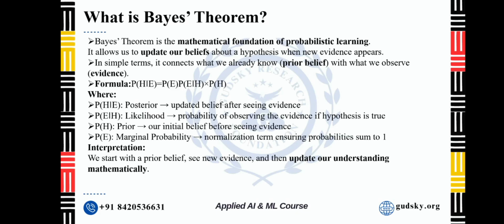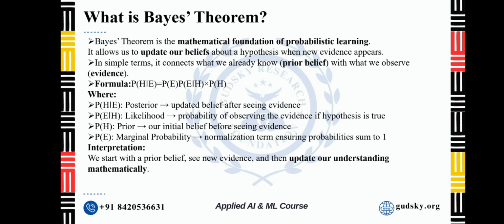The exact formula for Bayes theorem is P(H|E) = P(E|H) × P(H) / P(E). Here P(H|E) is the posterior probability, that means our updated belief after seeing the evidence, and P(E|H) is the likelihood, how likely we are to see that evidence if the hypothesis were true.